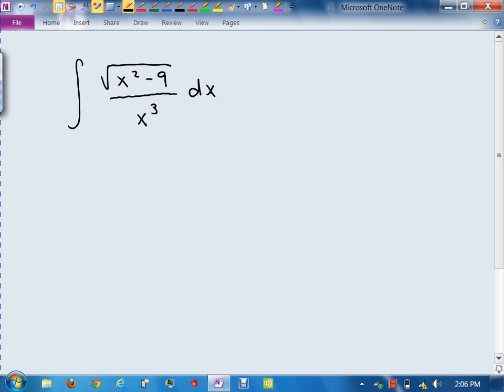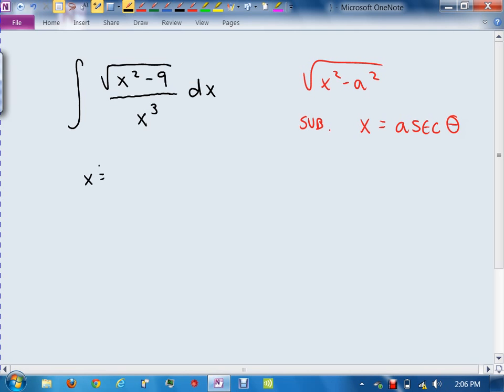Okay. This is x squared minus a squared. What's the substitution for x squared minus a squared? We make the substitution x equals a secant theta. So I replace a with 3: x equals 3 secant theta.